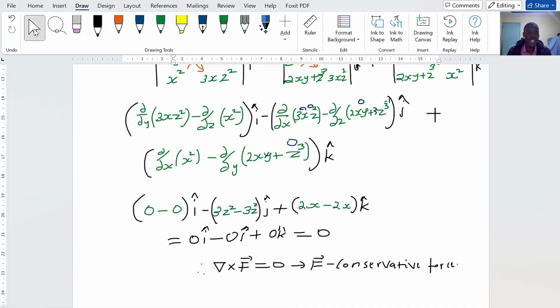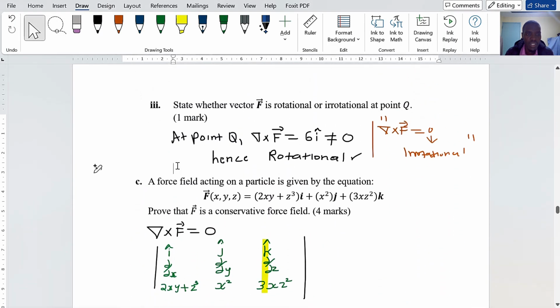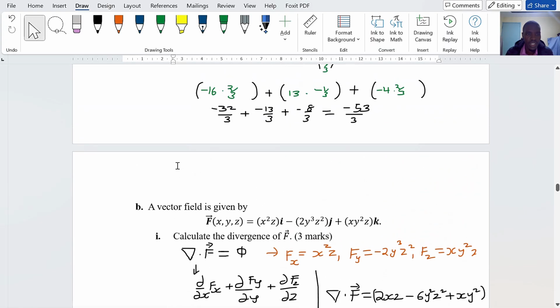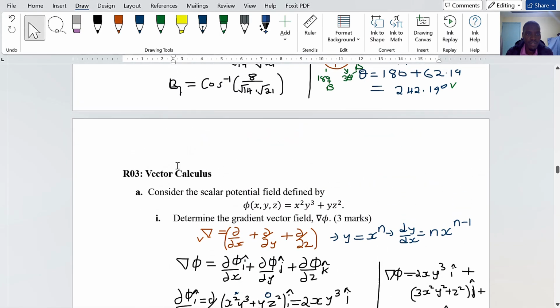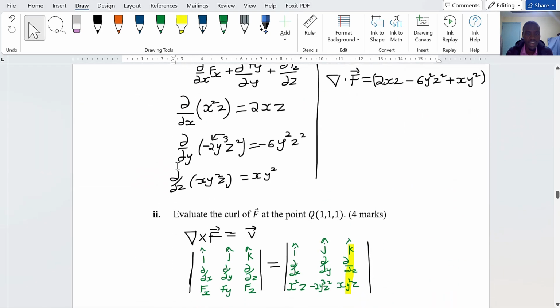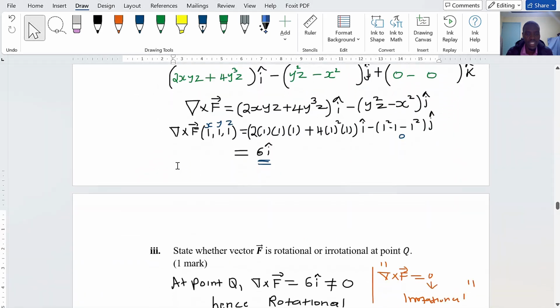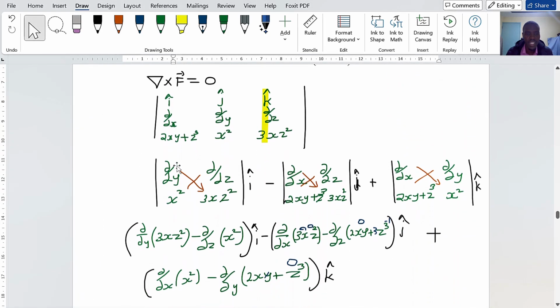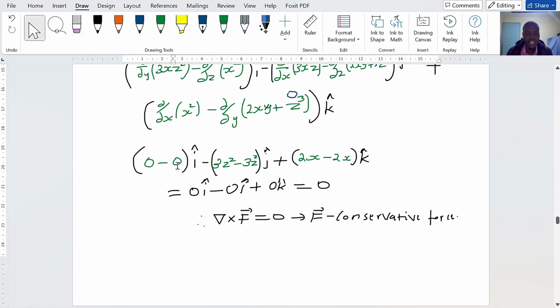Good. So that is the end of revision 3. Revision 3, which is on vector calculus, was long, but it works. So the end result is F is a conservative force because the cross product is 0.